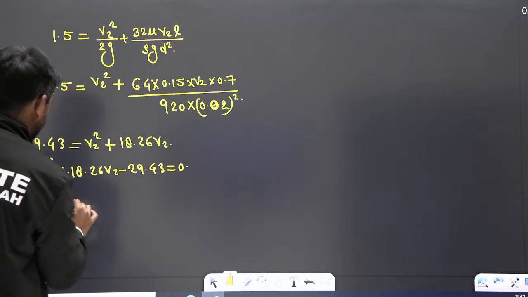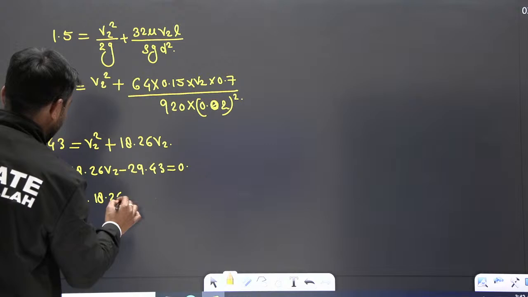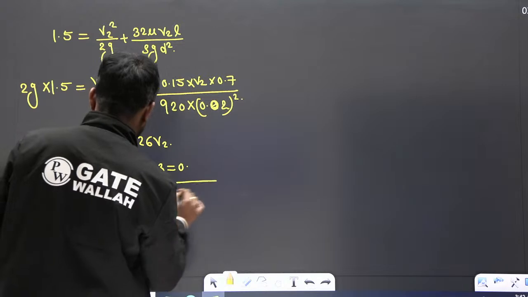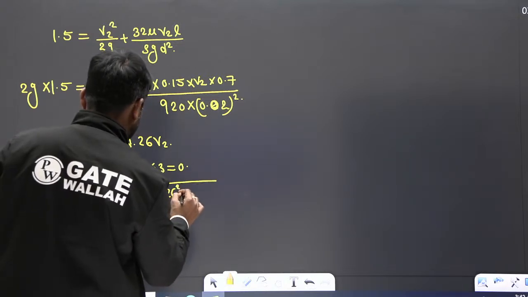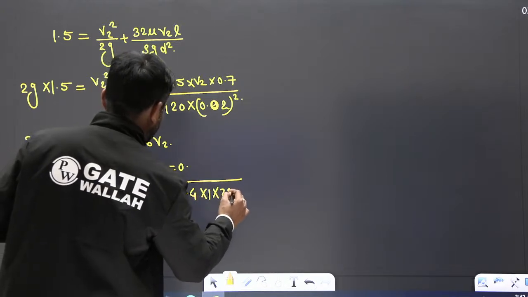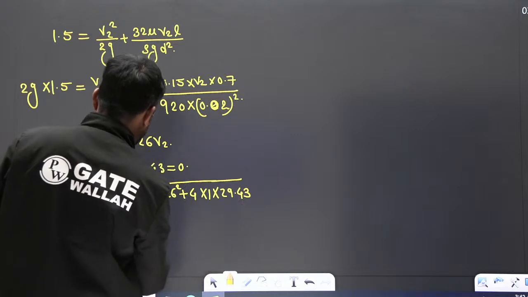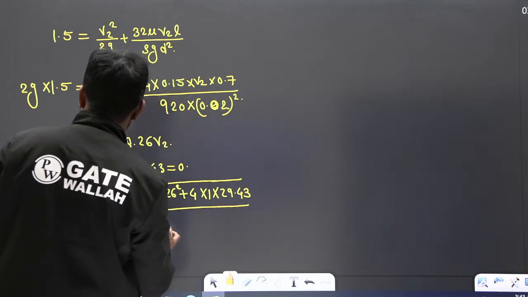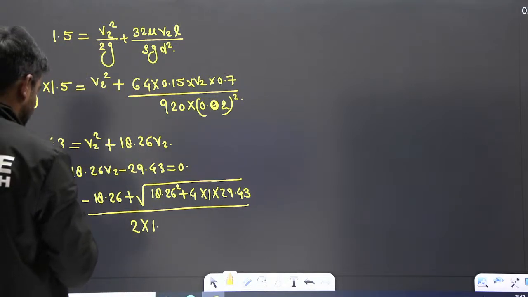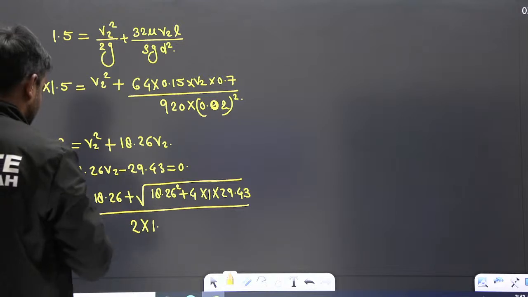Let me calculate V2: minus 18.26 plus or minus, I'm not going to consider the minus, under root 18.26 square plus 4 into a into 29.43, divided by 2, where a is 1.